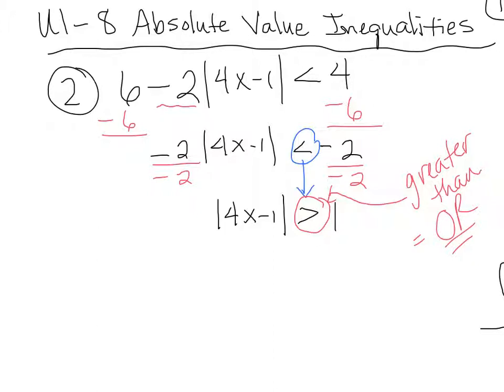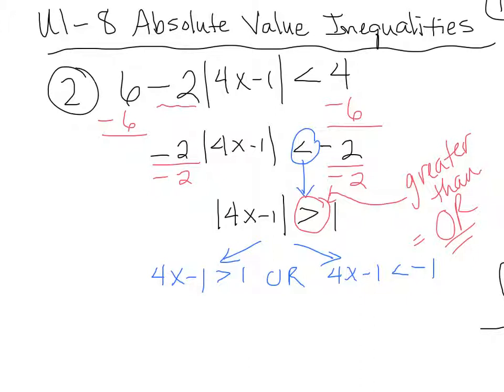So we split this into 2 parts, but this time they're connected with the word OR. So 4x minus 1 can be greater than 1, or the other scenario is that 4x minus 1 can be less than negative 1. Notice I flipped the symbol and made the 1 negative. Both of those happened at the same time.